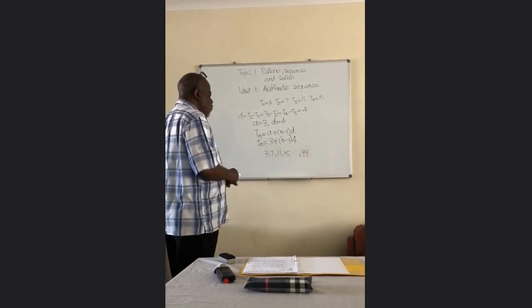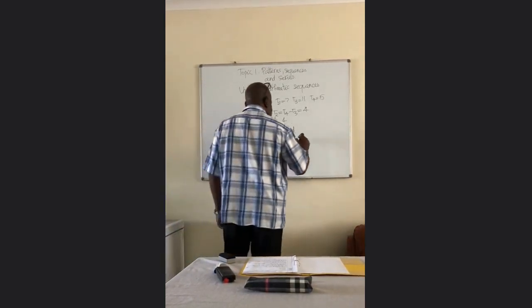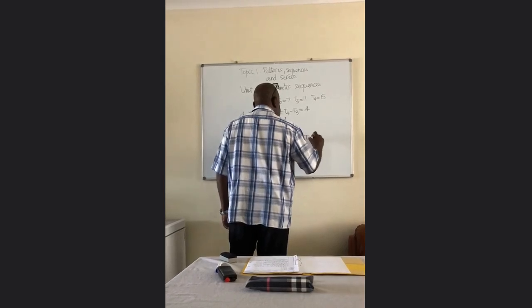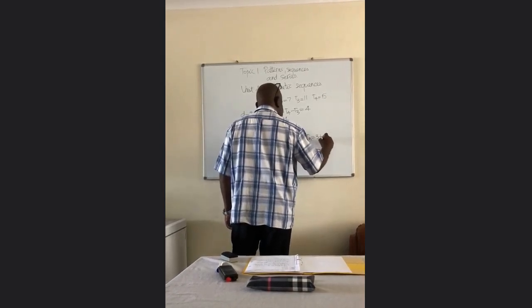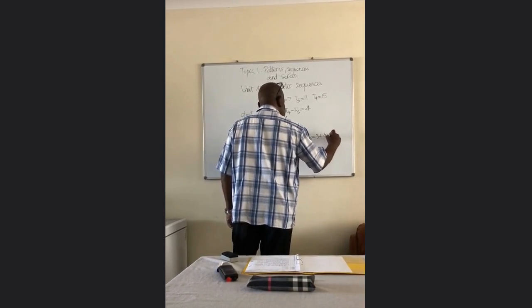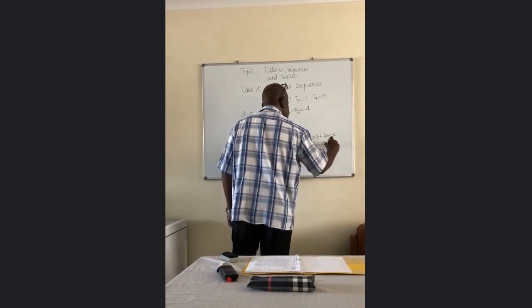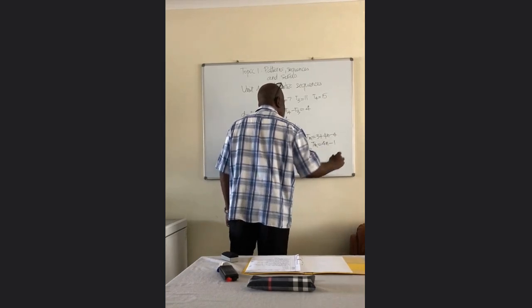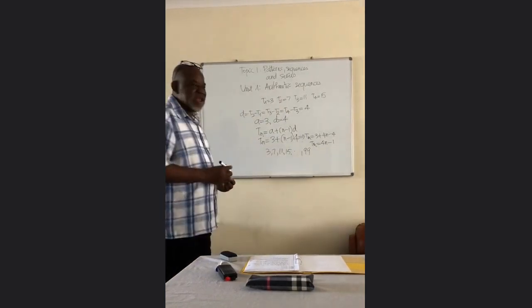If we want to remove the bracket, this will imply that Tn will be equal to 3 plus 4n minus 4, and we end up getting that our general term will be 4n minus 1.